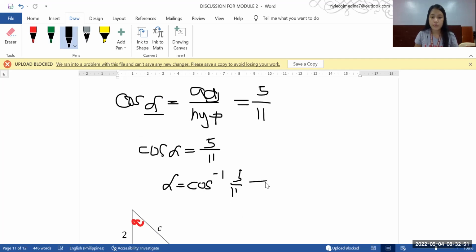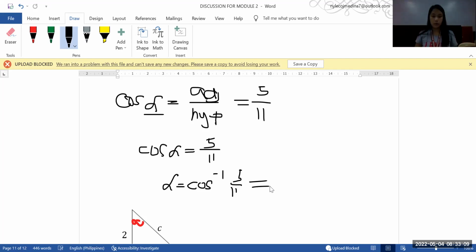If you compute using your calculator, cosine inverse of 5 over 11, the value that appears is 62.96.